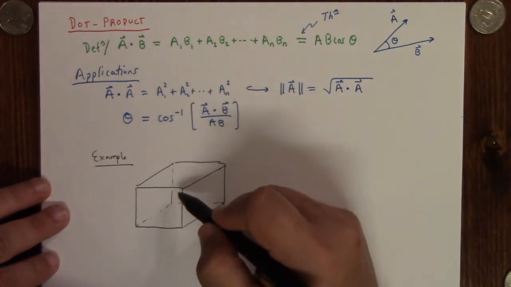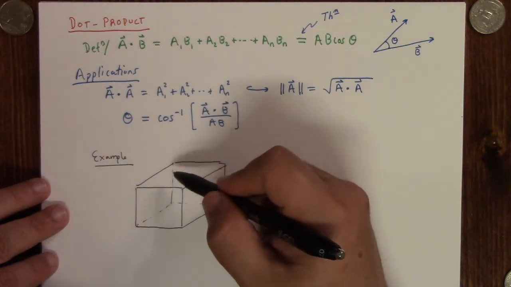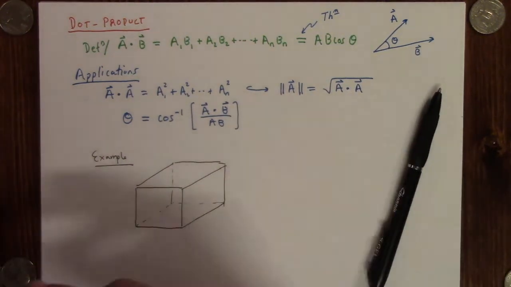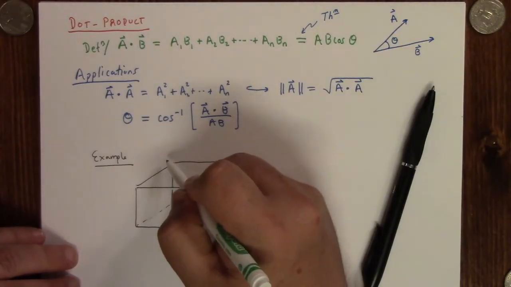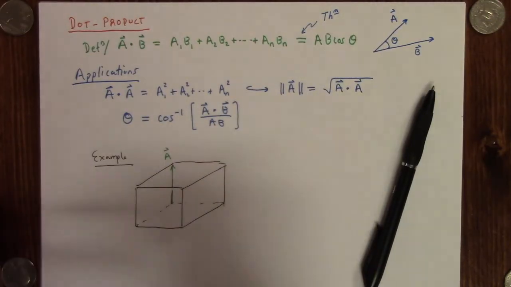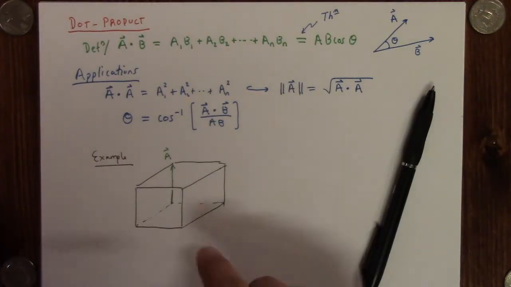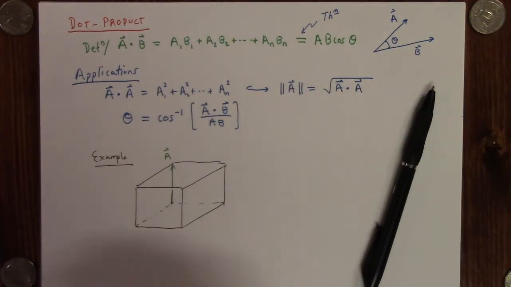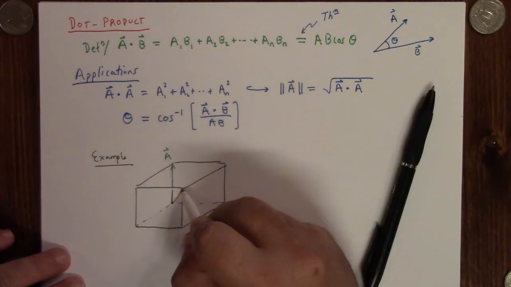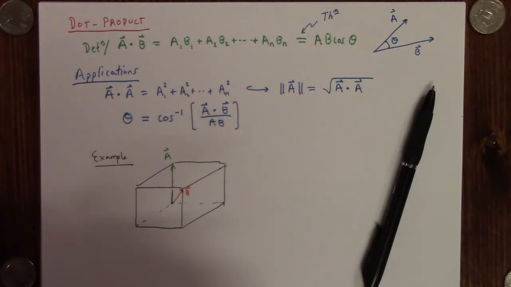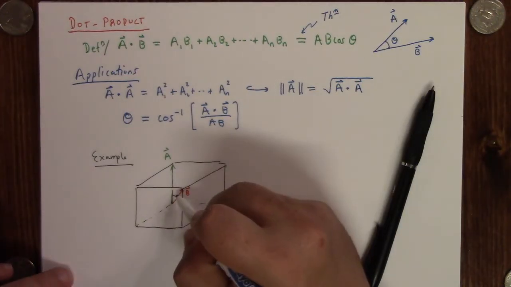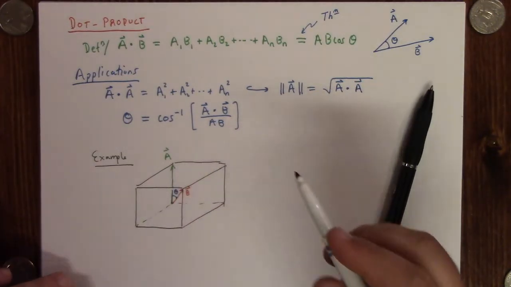So what I want to do is find the angle between this back vertical leg, which I'll make green, so this guy right here, let's call that A, and the vector which points out to the front corner, B. I want to find the angle between those two, right here, that angle, theta, right?